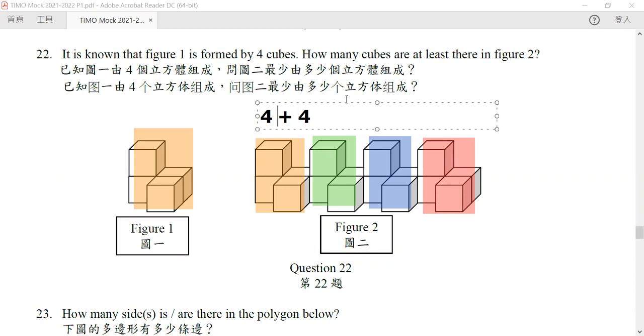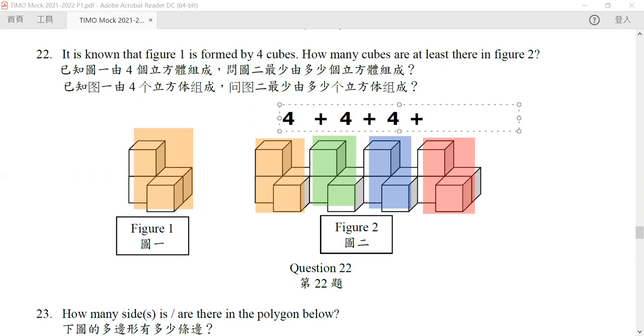This will be 4 in our leftmost, and then we have another 4 for our blue, and then another 4 for our green, and then another 4 for our red. So in total, there will be 4 plus 4 plus 4 plus 4, and hence our answer is equal to 16.